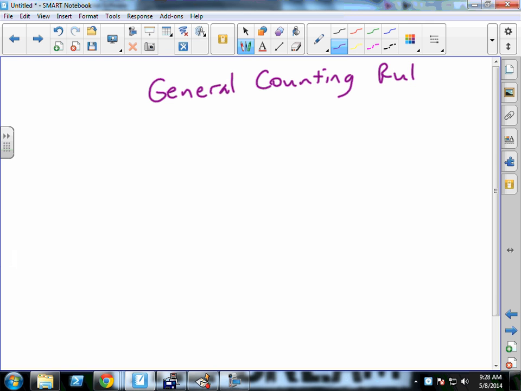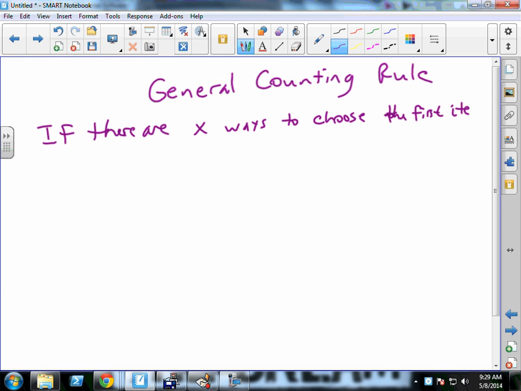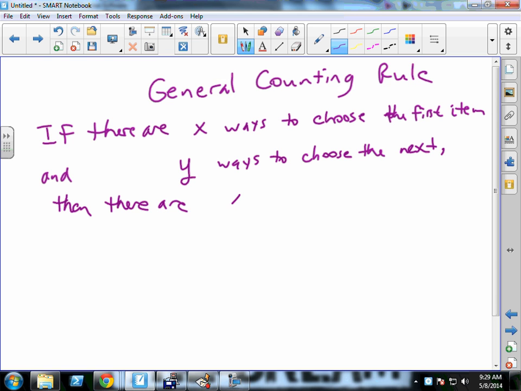It says if there are x ways to choose the first item and y ways to choose the next, then there are x times y ways to choose both.